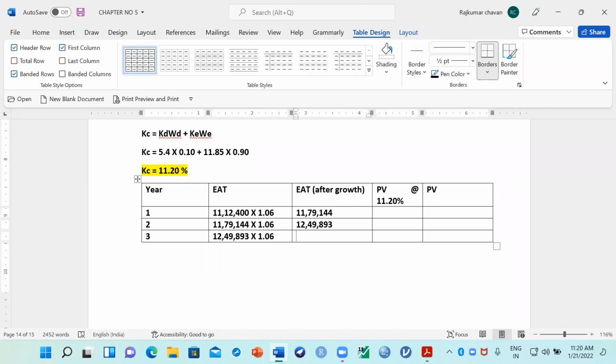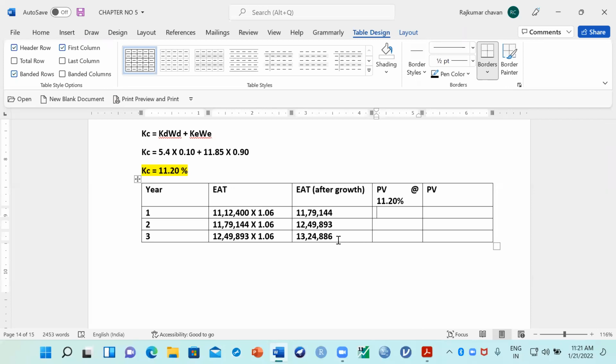So what is the next year, third year value, if it is growing at 1.06? 13 lakh 24,886. Right. So for 3 years, these are the values which they expected.